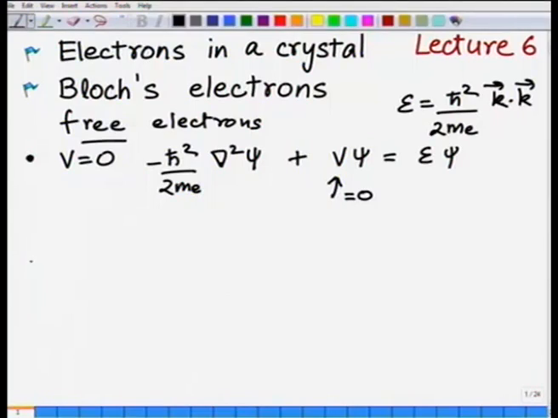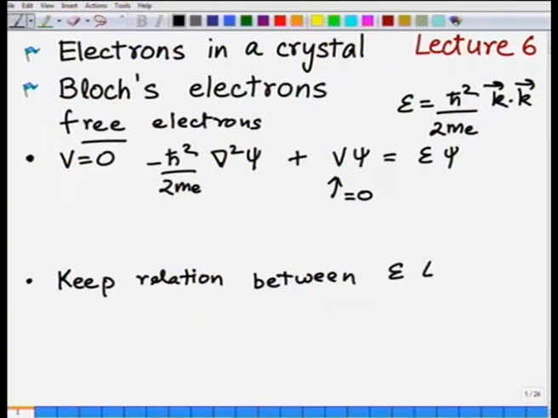So what we are going to do now as improvement is solve the problem in two steps. In the first step, we are going to keep the relation between E and K simple.